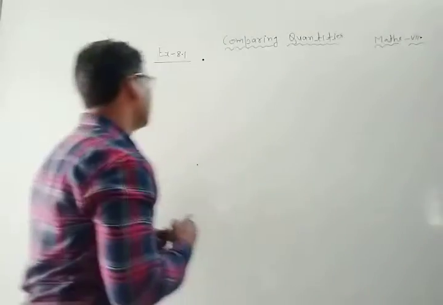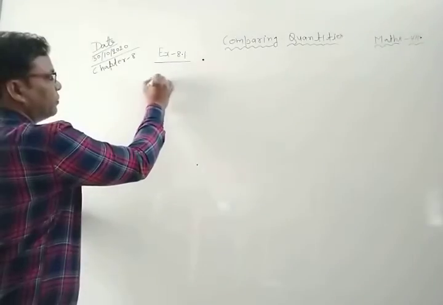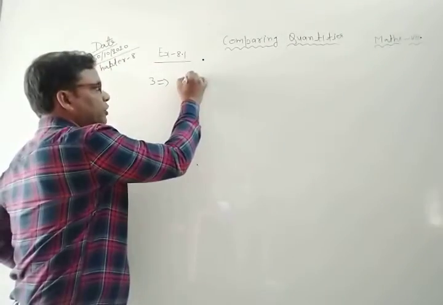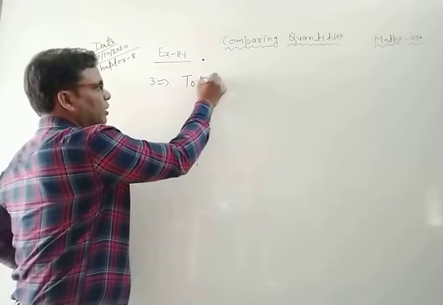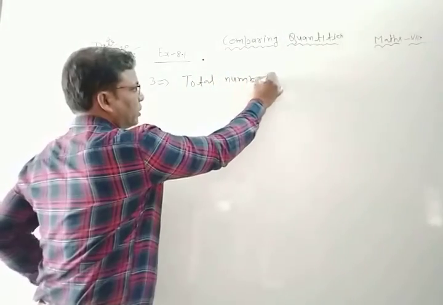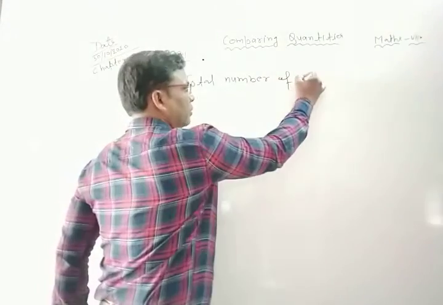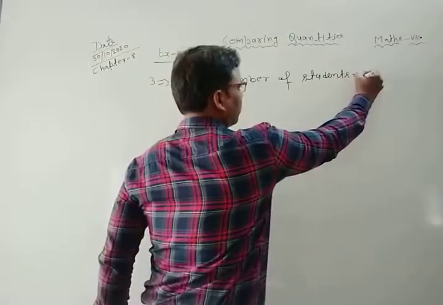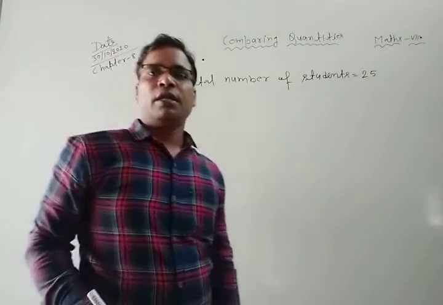This is question number 3. We need to find the total number of students. First you write here: total number of students is equal to 25.